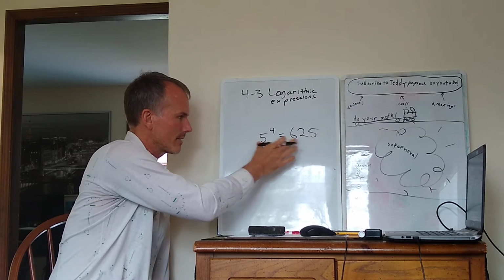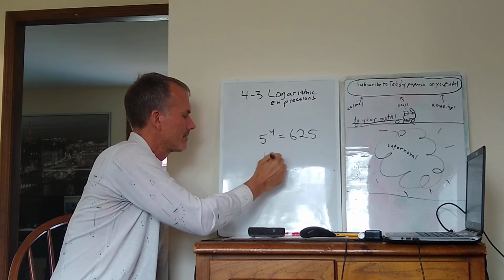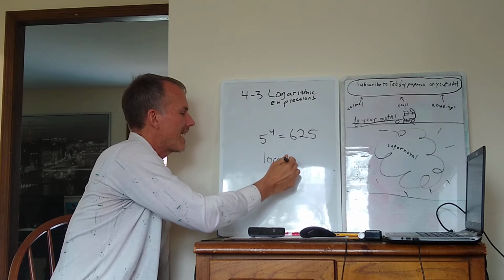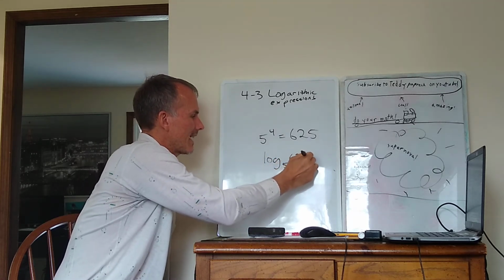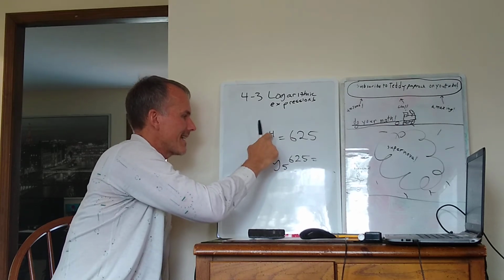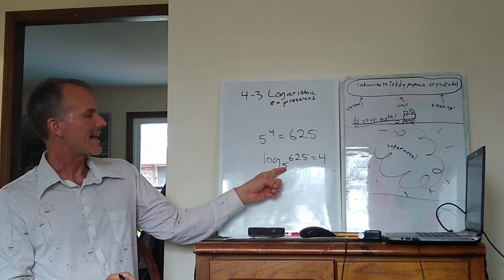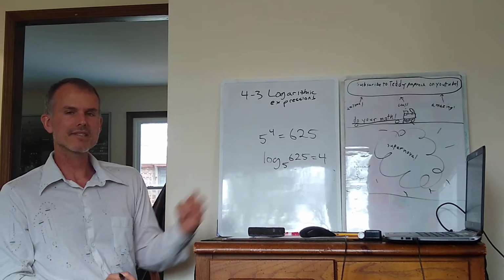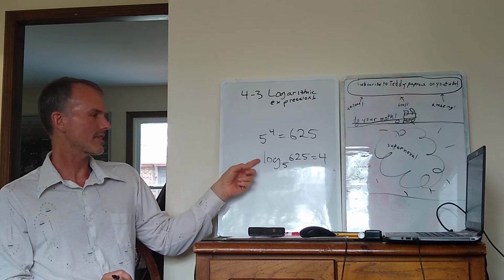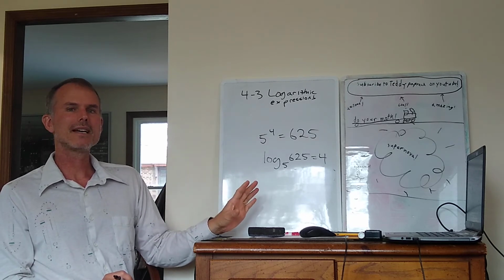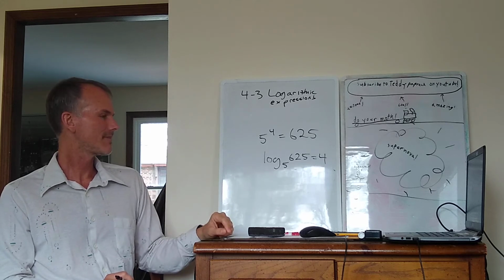So the way I'd rewrite this equation in logarithmic form is this. I'd write log base 5 of 625 equals my exponent, which is 4. 5 to the 4th power gives me 625. So this equation and this equation are equivalent. One is in exponential form, the other is in logarithmic form.